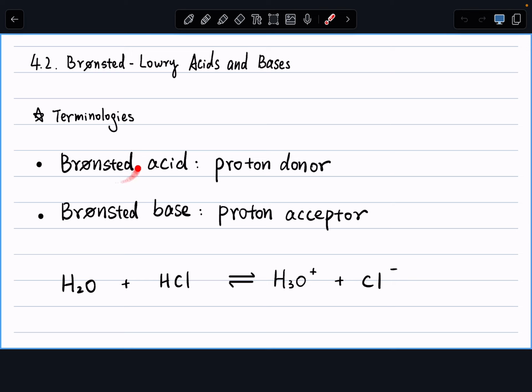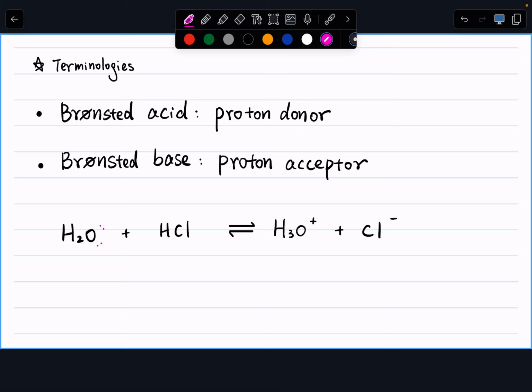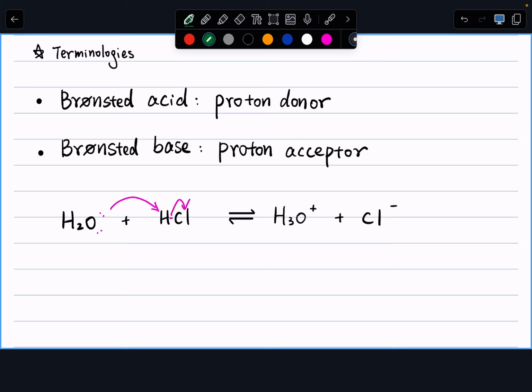So using the common H2O and also HCl, hydrochloric acid, as an example, we have the lone pair on the oxygen of water attacking the hydrogen of HCl, breaking the chemical bond of your HCl, and forming H3O plus and chlorine minus. Right, so in this process, on the left, my water is my base, my HCl is my acid.